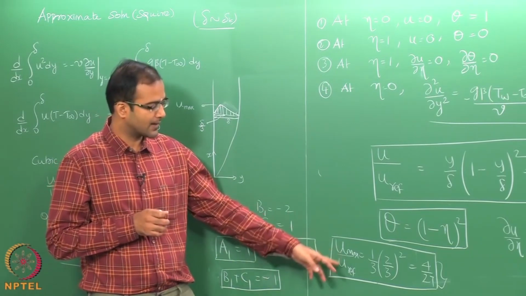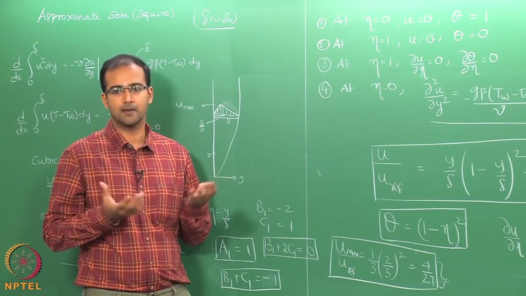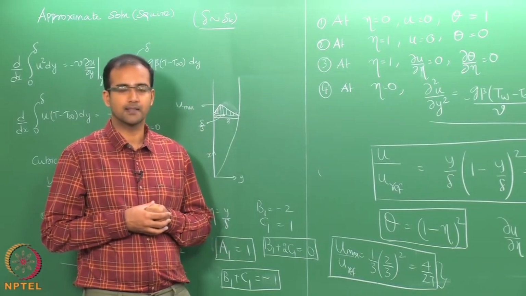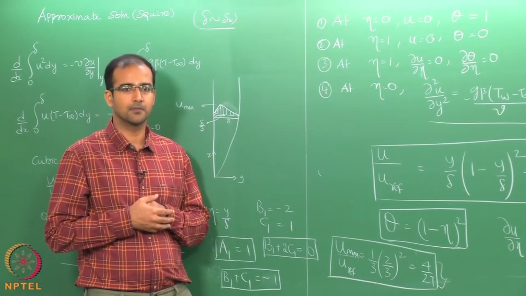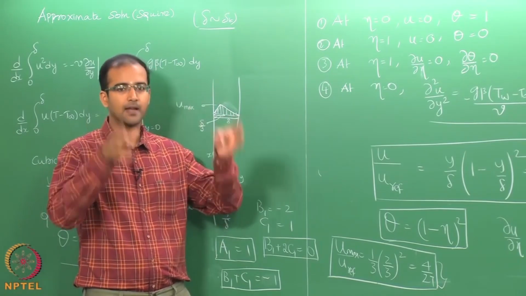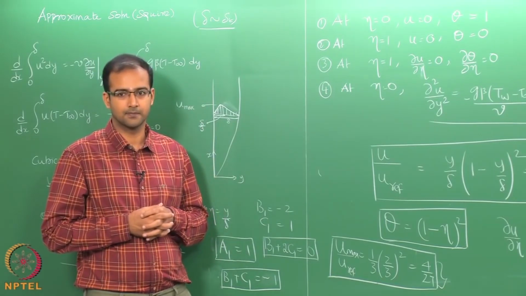In this case the u max is a small fraction of u reference. So, what can we say about u reference? u reference is much larger than u max, and can you pinpoint any value here which is much larger than u max? No. This is some value that you have put as your reference, it does not matter.